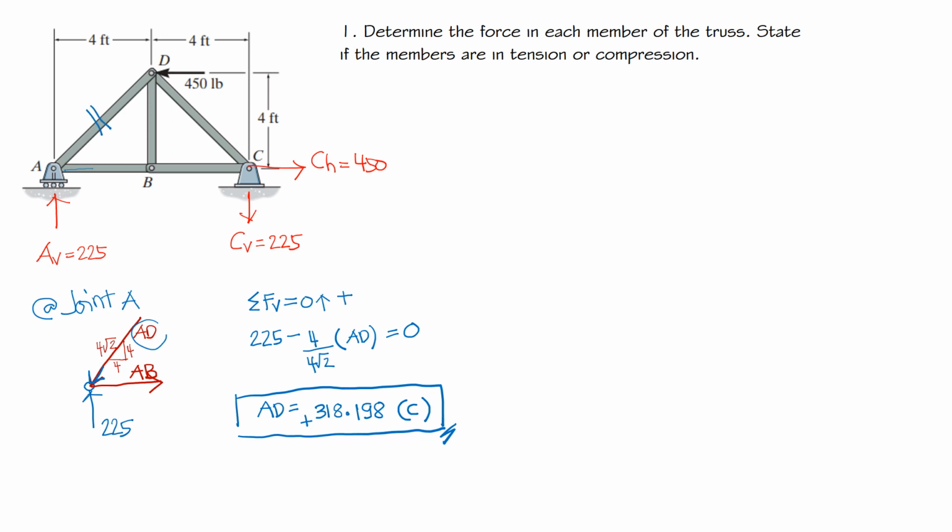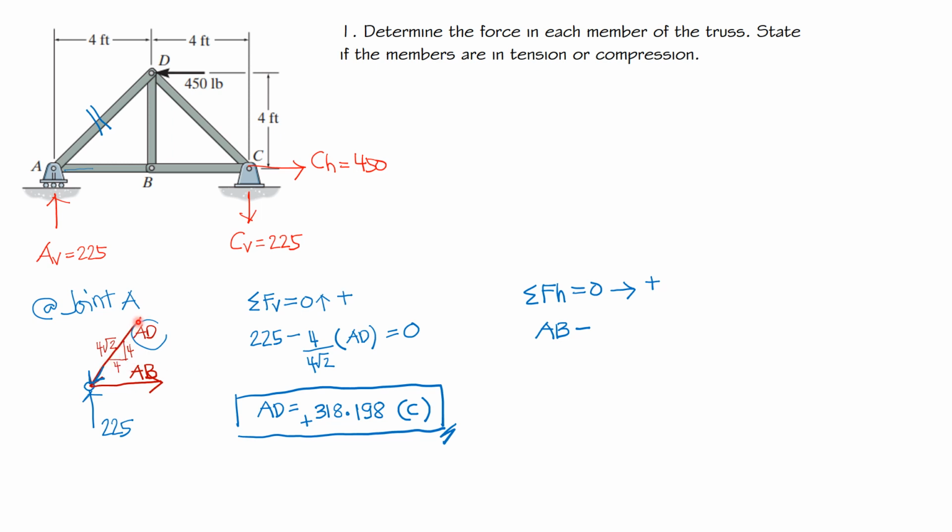Next is to solve for member AB. To solve for member AB, we will be using summation of forces horizontal is equal to 0, setting going to the right as positive. That becomes positive AB because AB is going to the right, minus. Why minus?